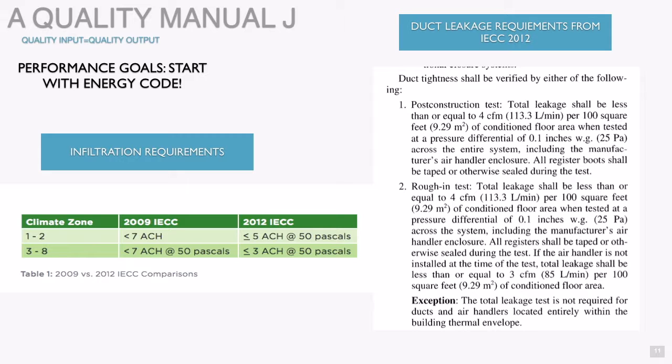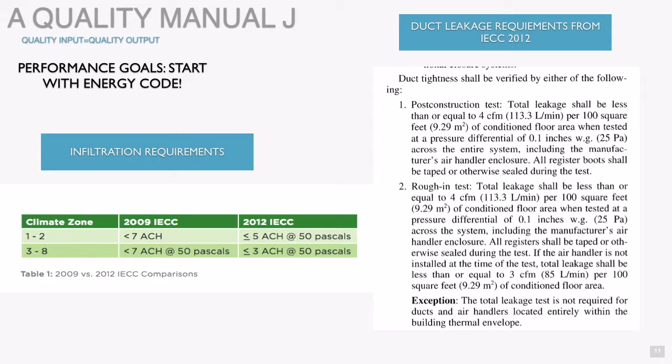So duct leakage, there's also an input required for duct leakage, and that describes how leaky your duct system is, which has bearing on your load, because if you have a very leaky duct system, obviously you're going to be losing energy, and you're going to need to generate more of it, your cooling or heating, in order to make up for that loss. So again, we generally start with energy code requirements.